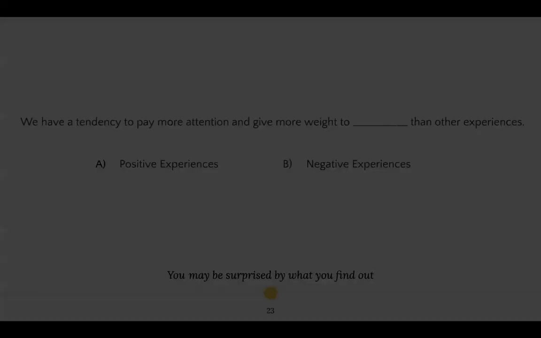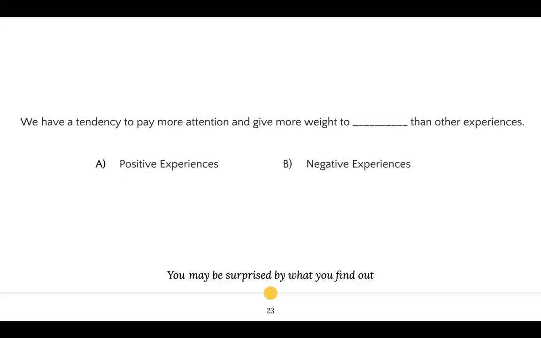But I came up with a quiz so we can be a little interactive here. These are all based off of the different design patterns. This one says, we have a tendency to pay more attention and give more weight to blank than other experiences: A, positive, or B, negative.